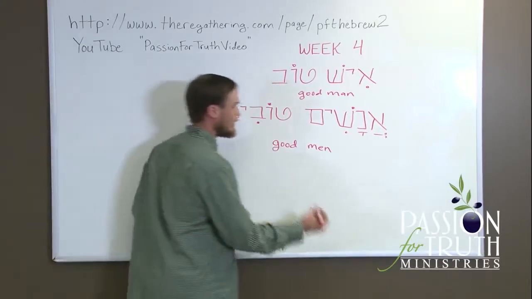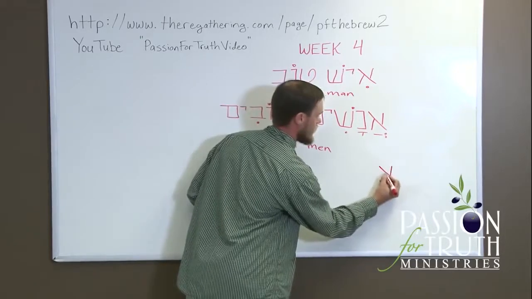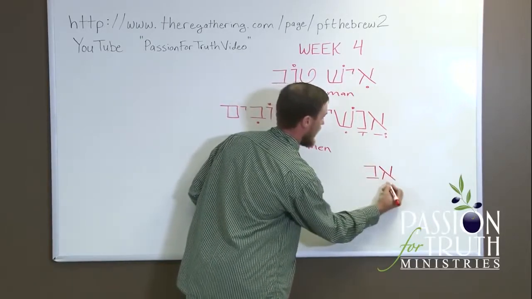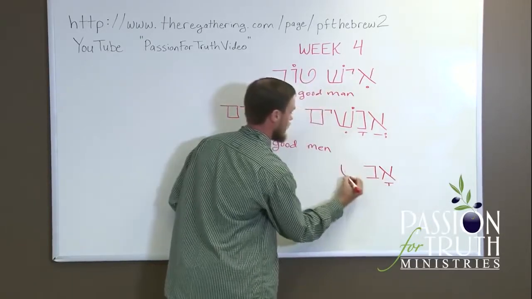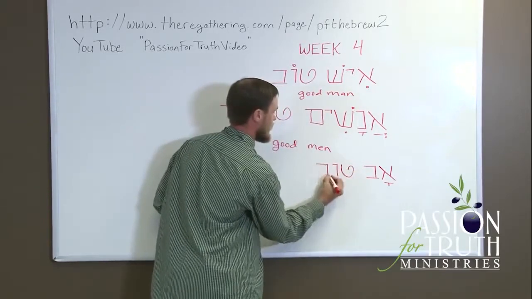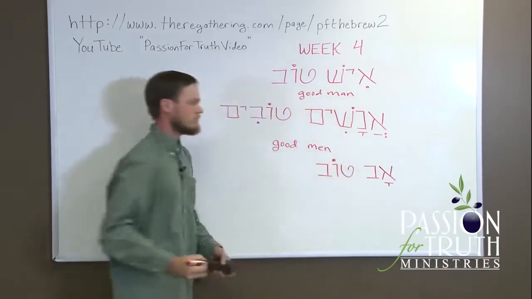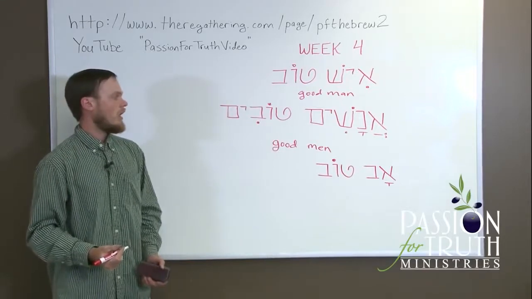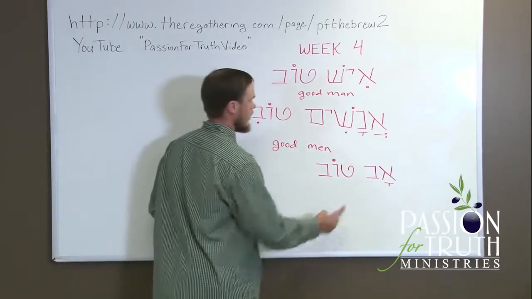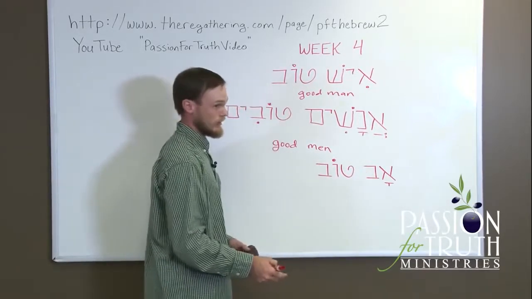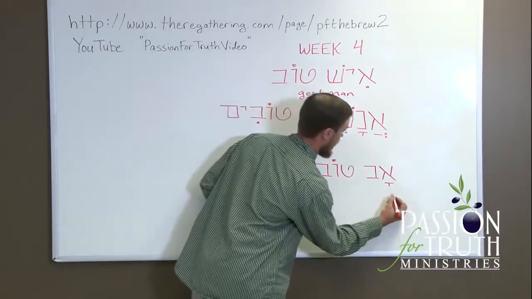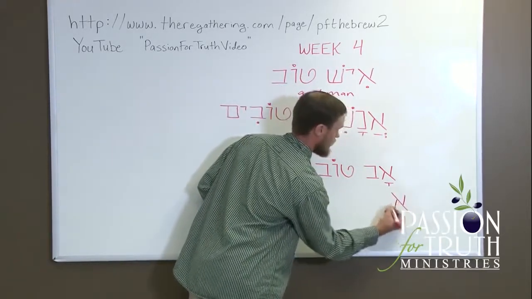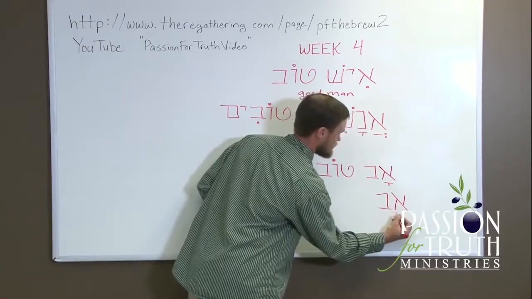So for av, which is father, av tov would be a good father. Now, av is a masculine word, but it has an irregular plural form. When av is made plural, it takes ot.